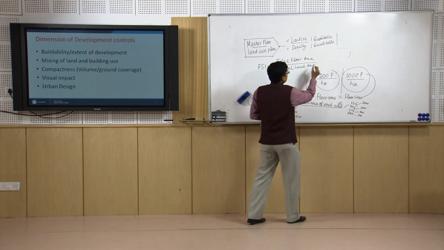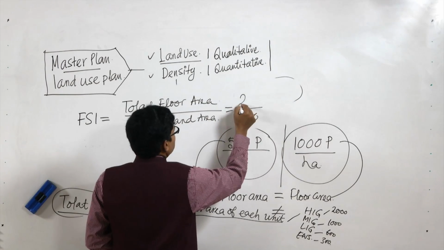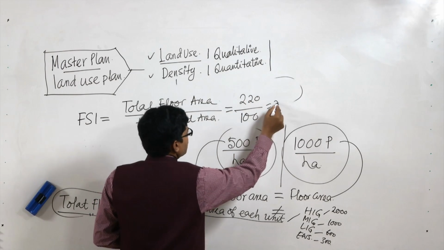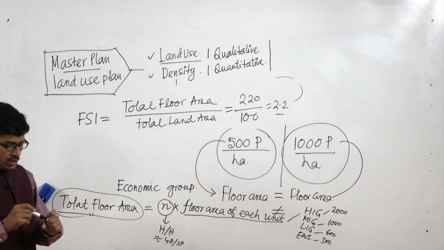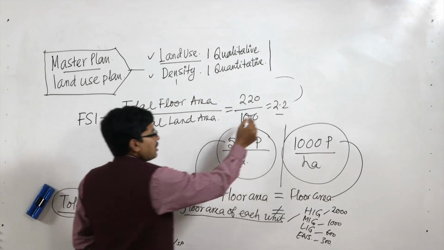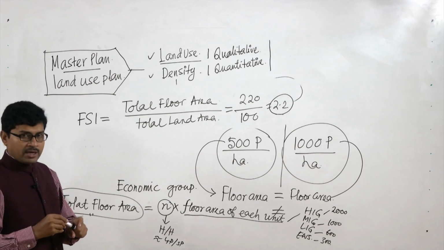So if the total land area we consider as 100, and the total floor area is 220, then the floor space index is 2.2. It is just an example; it can be 2, it can be 1.5, it can be any index.